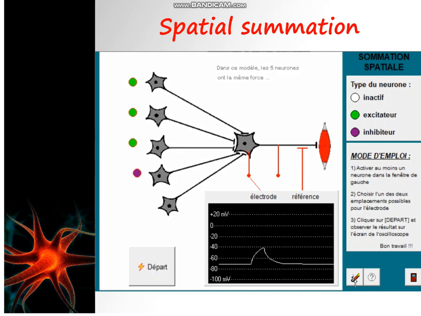As you see, simultaneously, the postsynaptic neuron receives many EPSP and IPSP, and the final recording is considered as an algebraic summation of all EPSP and IPSP. This is the spatial summation.